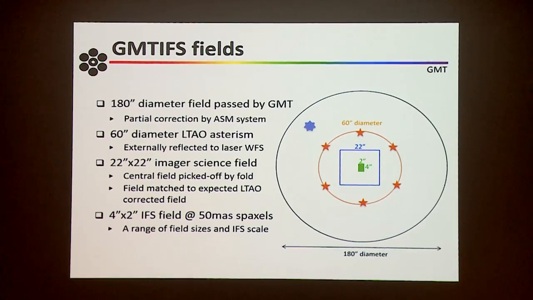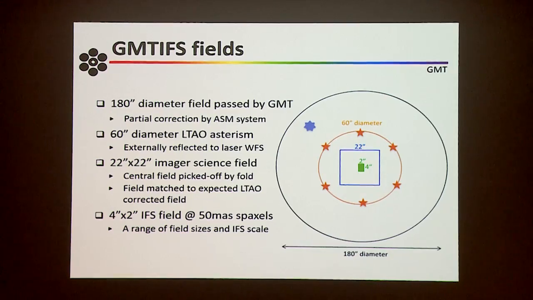One thing that's important for operational purposes is looking at the GMTIFS field. The outer field here is the 180 arc-second diameter field that's actually passed by GMT, and that's undergoing partial correction by the correcting secondaries. The 60 arc-second diameter LTAO asterism is shown here. So this is the asterism produced by the laser tomography AO system.